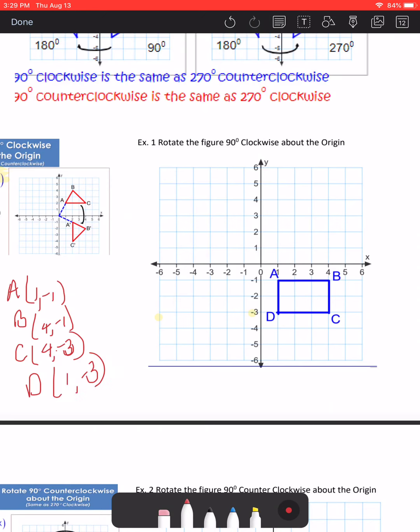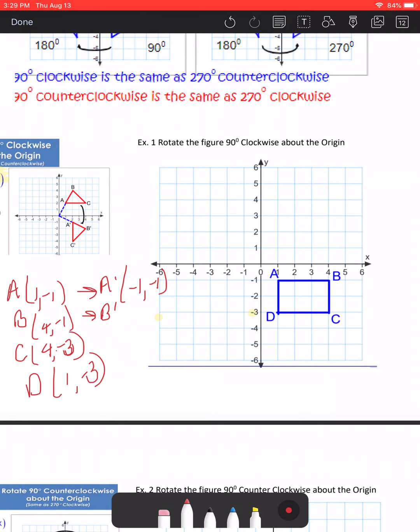So if I want to know what my image points are, and I know that I am rotating 90 degrees clockwise about the origin, that means my x and y values swap position, but my x value is now negated. Therefore, A prime would now be located at (-1, -1).